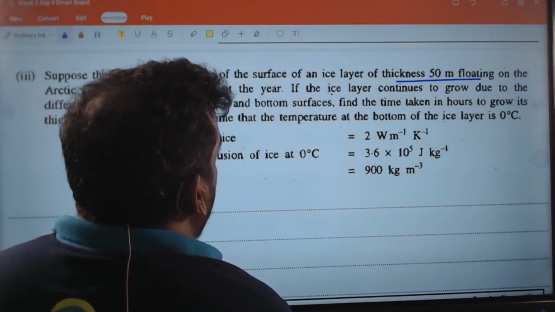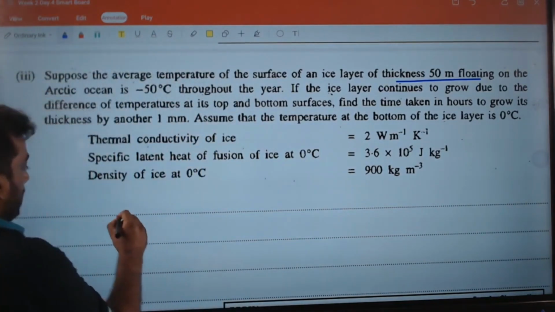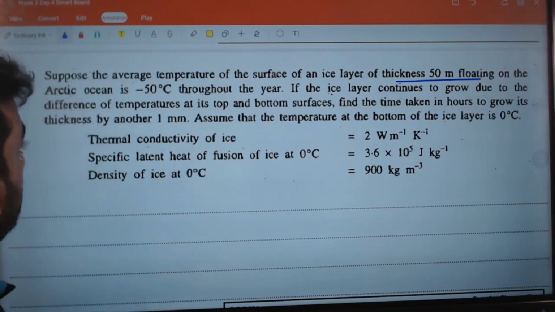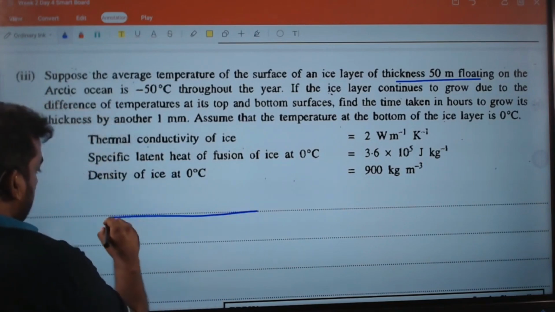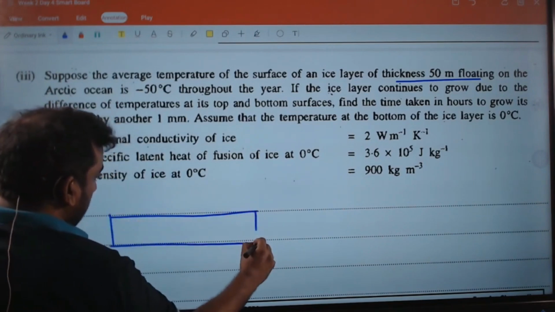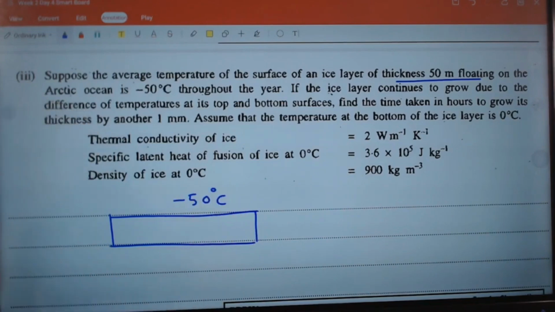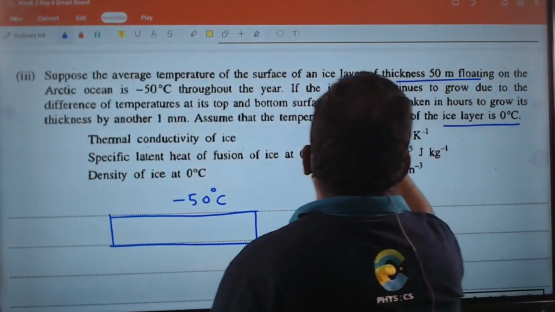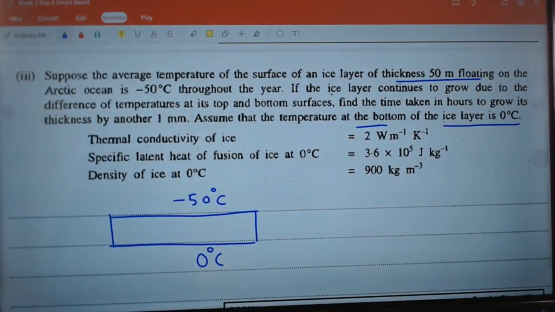Assume that the temperature at the water-ice interface is 0 degrees Celsius. The surface of the ice layer is minus 50 degrees Celsius. At the bottom, the Arctic Ocean, it is 0 degrees Celsius.